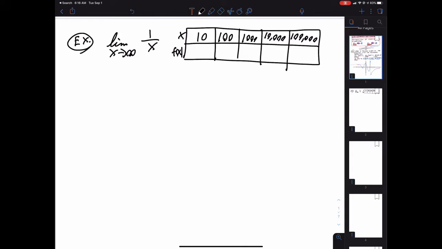Okay, so first plug in 10. 1 divided by 10 is 0.1. Divide by 100. I'm just going to go ahead and fill this up. If you don't believe me, you can double check on your calculator. Now the question is, what happens to the y values as I continue moving right? I hope it's clear to you that they're approaching 0.